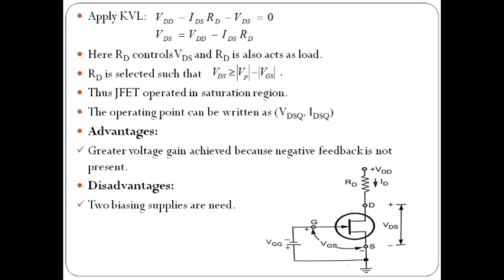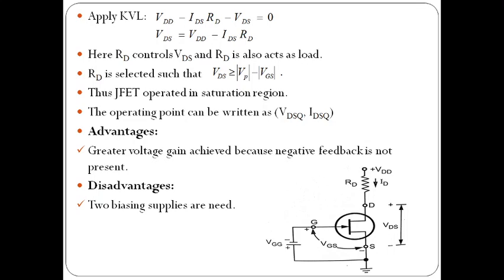So we are considering Ig almost equal to 0. So we can say VGS equals minus VGG.